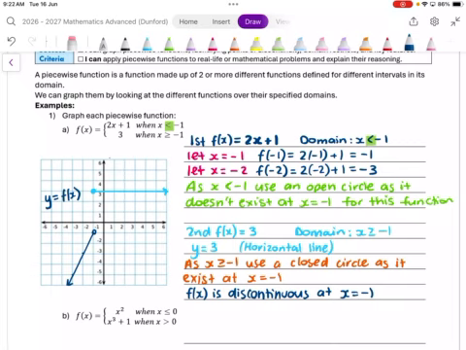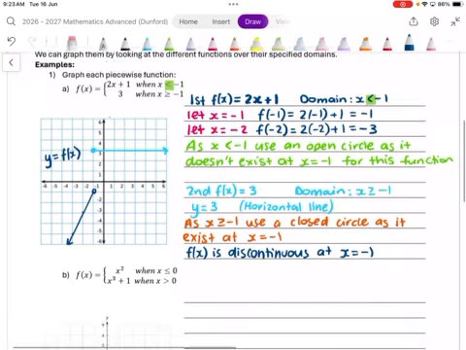Now for this one, our domain is just negative infinity to infinity, so it exists at all of our x values if we wanted to write that down. Anyone got any questions? No?